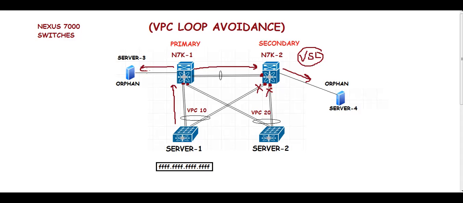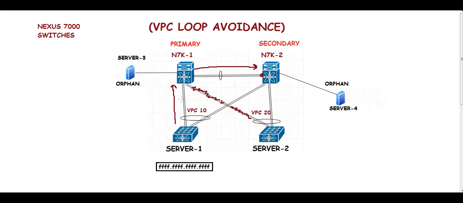In the VPC loop avoidance, there is one scenario wherein this loop avoidance mechanism will be bypassed. Let me clean it. If server 1 sends a packet to N7K1, let's assume that the link from N7K1 to server 2 is down.